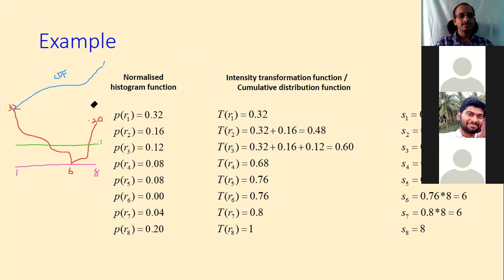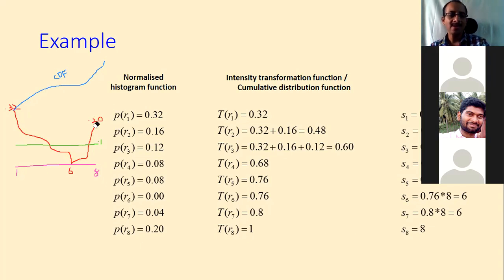Essentially, we want to have the intensities from 1 to 8. In this case, luckily or accidentally, 8 is also present, that is, the number of pixels at intensity 8 is also there.